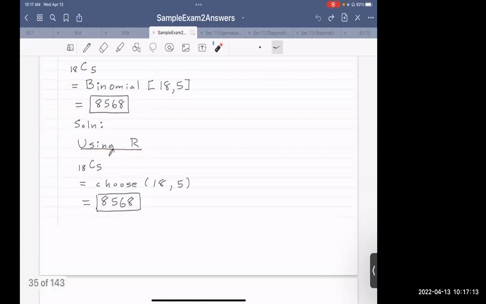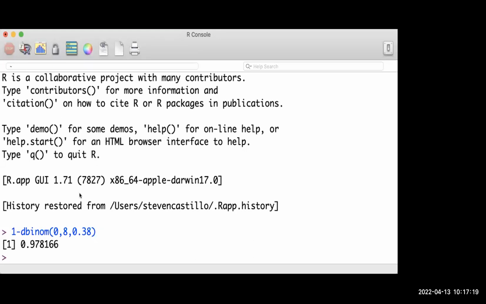I could also use R to do this. So let me show you how to do this in R. I'll just use the choose command in R. So let me type in choose 18, 5.